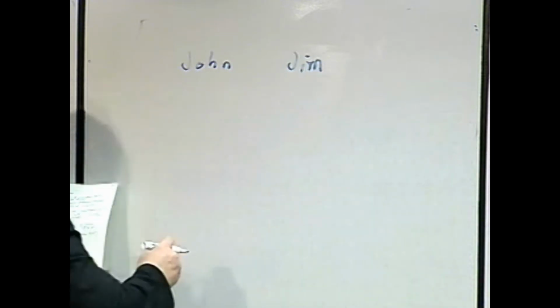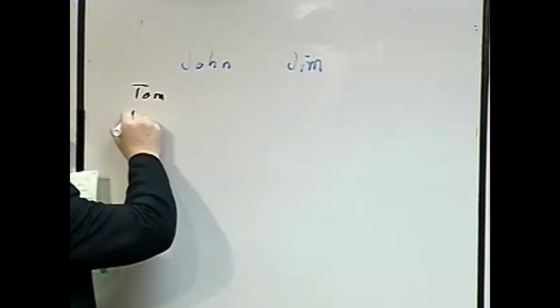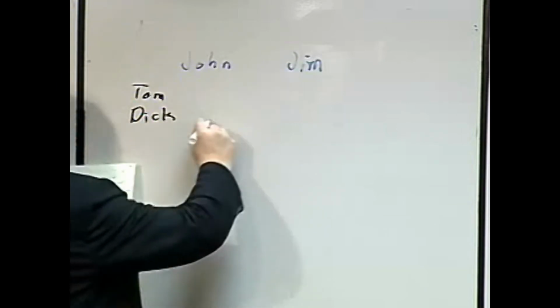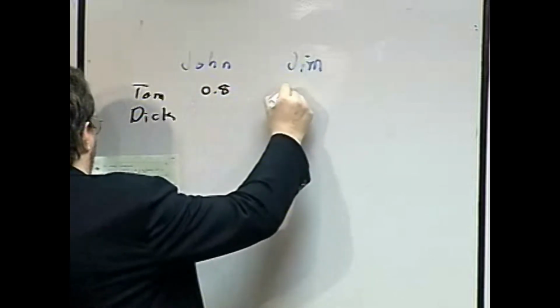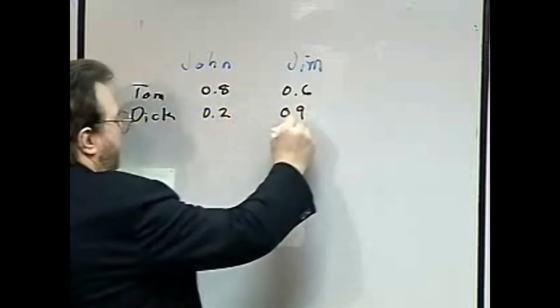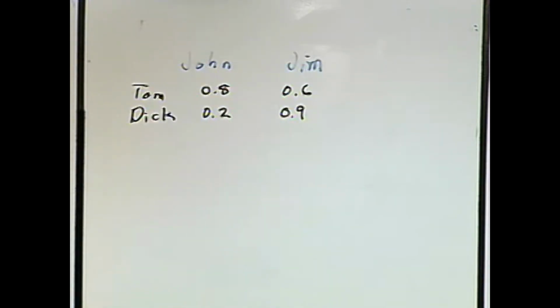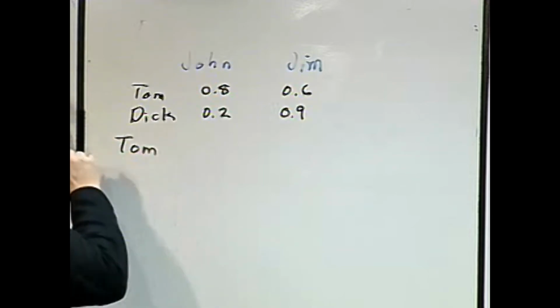Okay. John and Jim and Tom and Dick. So here we have a 0.8, 0.6, 0.2, and a 0.9. These are the relationships that I gave them. Now, here's the idea.